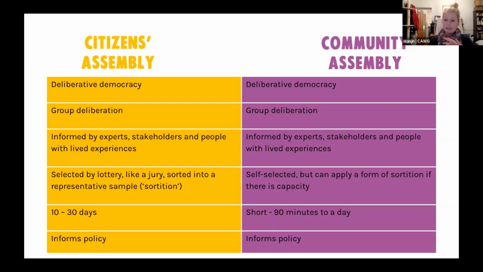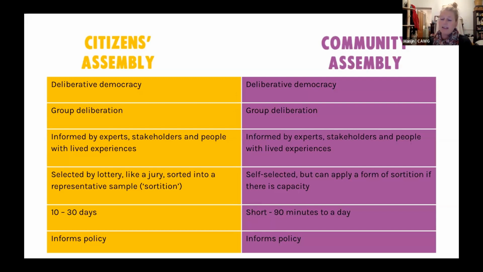But then the sample is sorted into a representative group that represents the UK or a city or, you know, a region as a whole. Whereas a community assembly is most likely self-selected. So it's people who want to come to it and they will come.